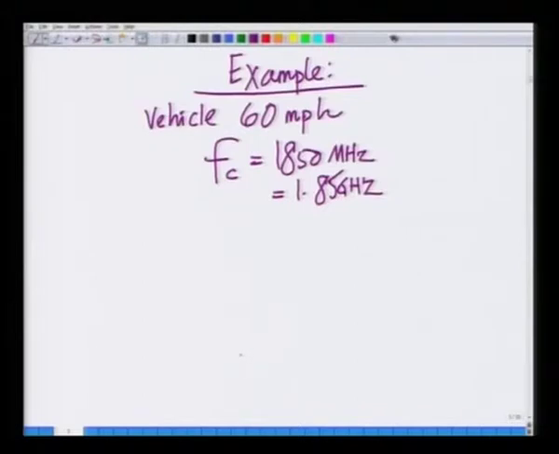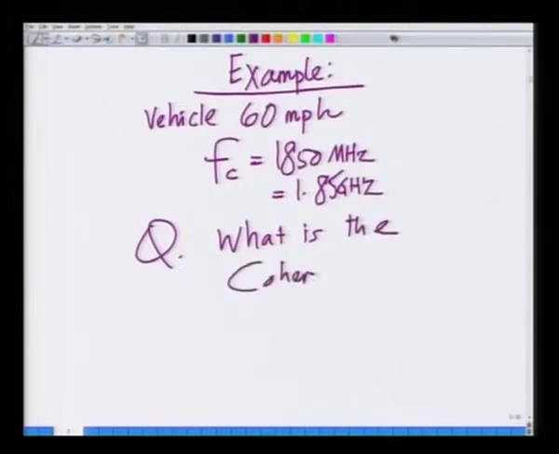Now, we want to find out the question: what is the coherence time of this channel? Let us compute that.